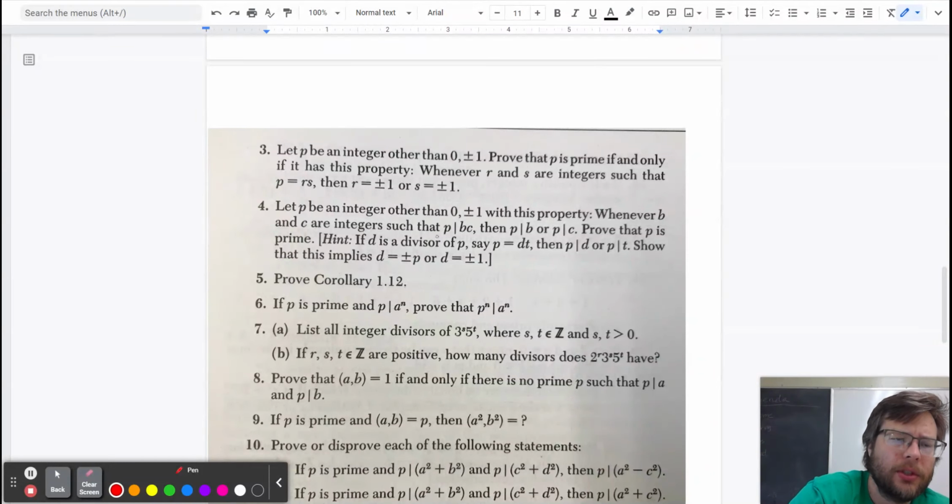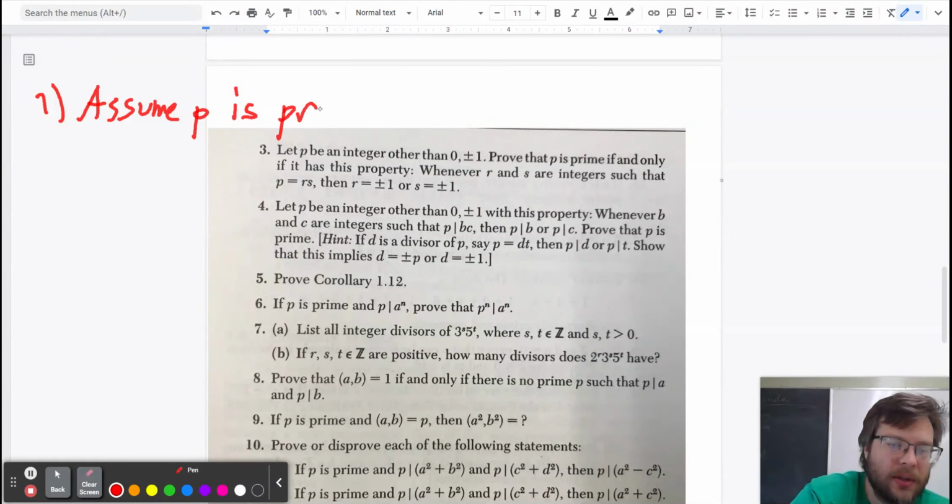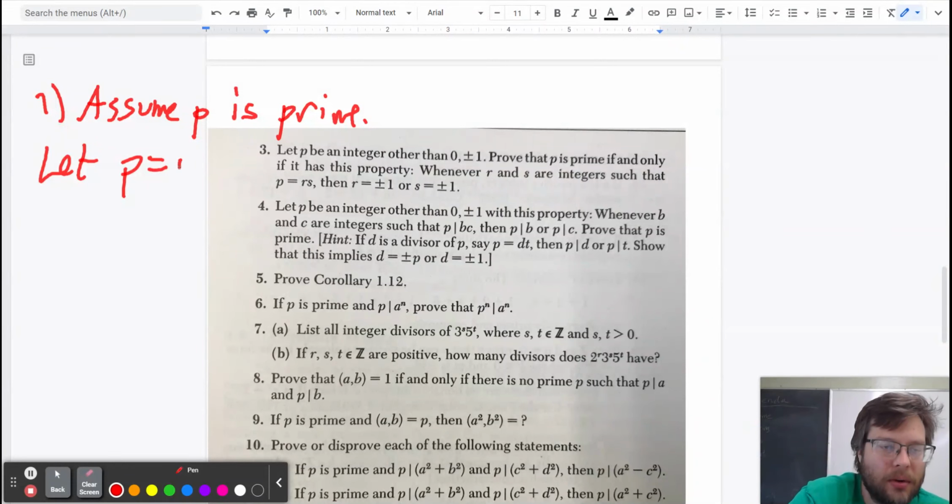So let's try to assume the first direction. So we're going to say assume p is prime. So then let p equal r times s.